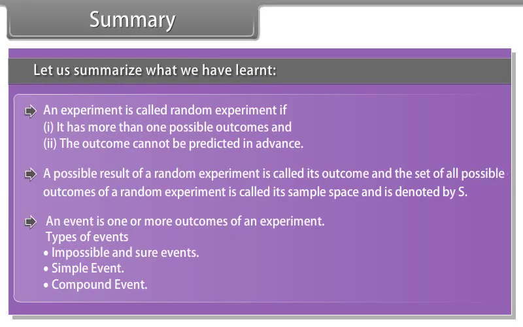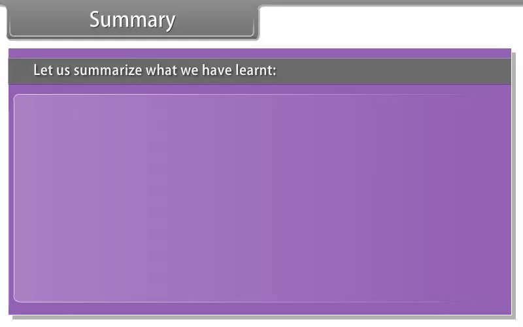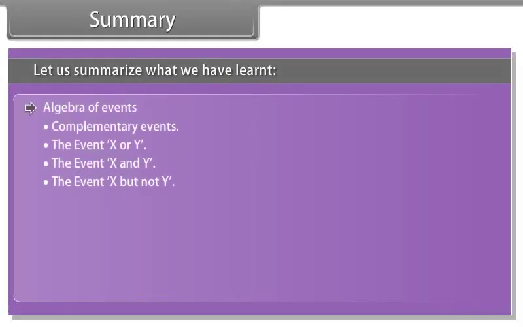Types of events. 1. Impossible and sure events. 2. Simple event. 3. Compound event. Algebra of events. 1. Complementary events. 2. The event X or Y. 3. The event X and Y. 4.